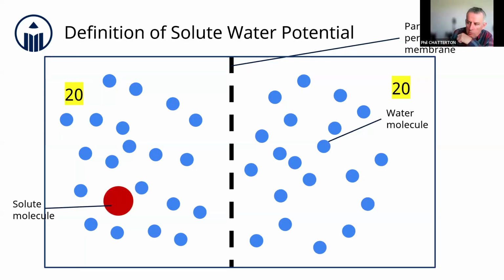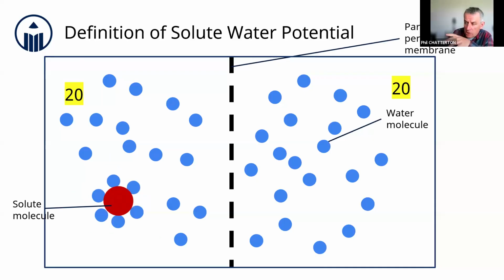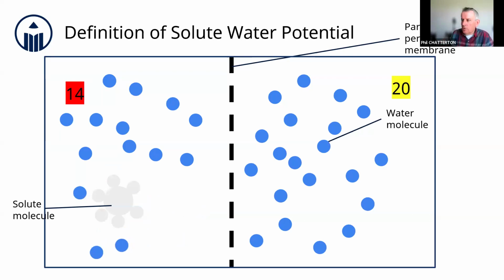But if we bring in the solute molecule again, like we did before, we get the hydration shell forming like it did before, and we'll grey that out because essentially that now can't pass through the membrane. And what it means is that we have an imbalance of water molecules. We have 20 over on one side and only 14 free water molecules on the other.